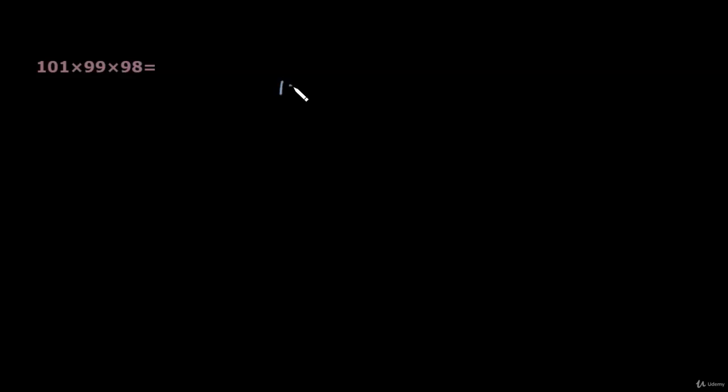Now here we have to multiply 101, 99 and 98 and the base is 100. This number is 1 more than 100, this is 1 less than 100 and this is 2 less than 100.